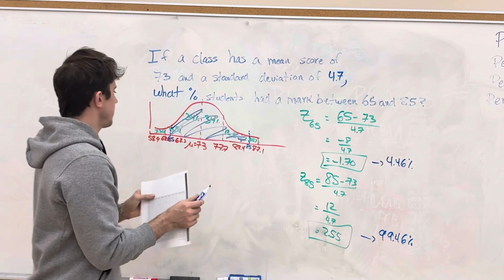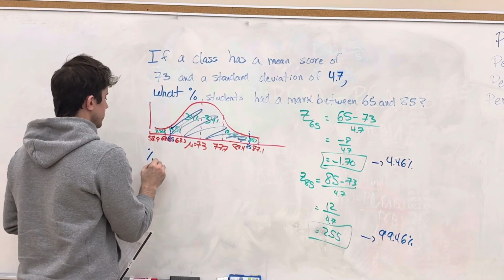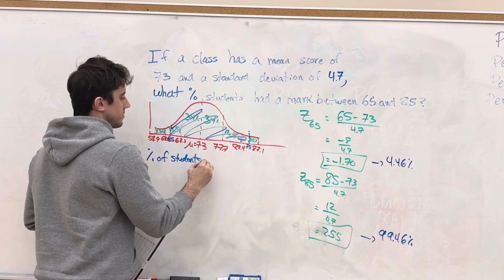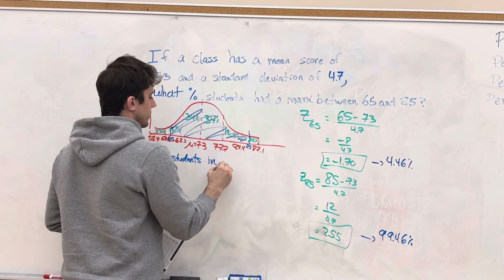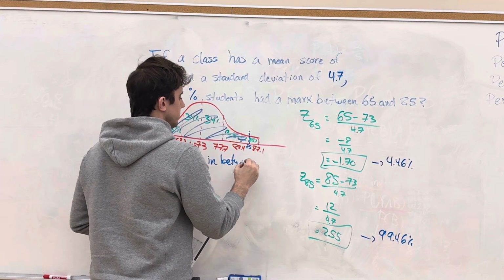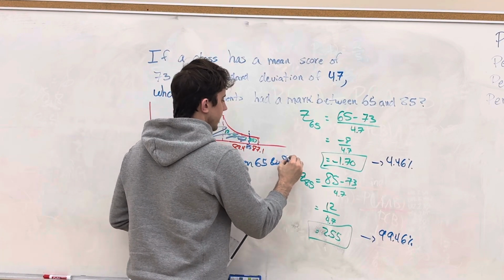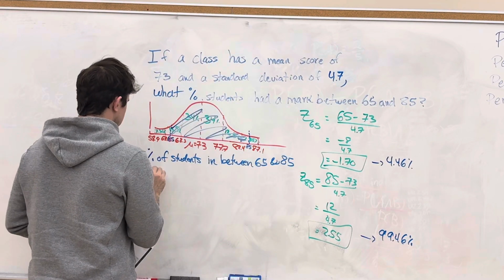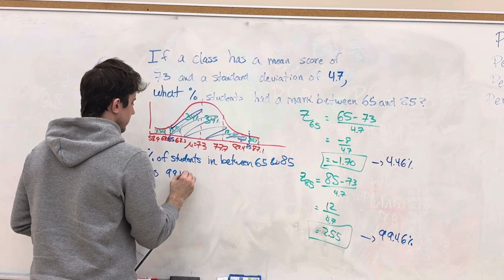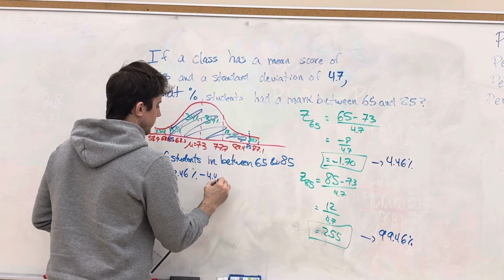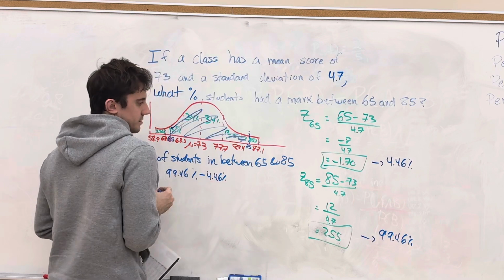So, the percent of students in between 65 and 85 is 99.46% minus 4.46%.